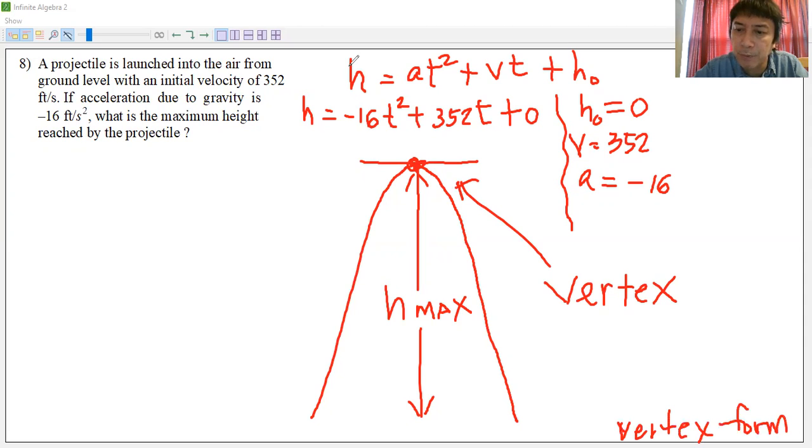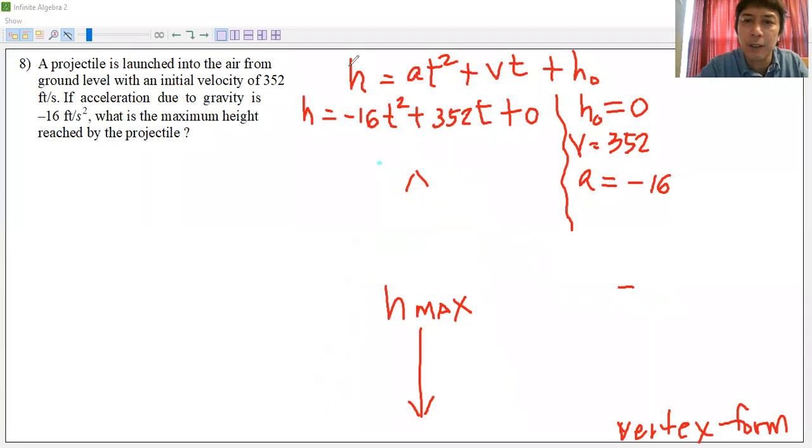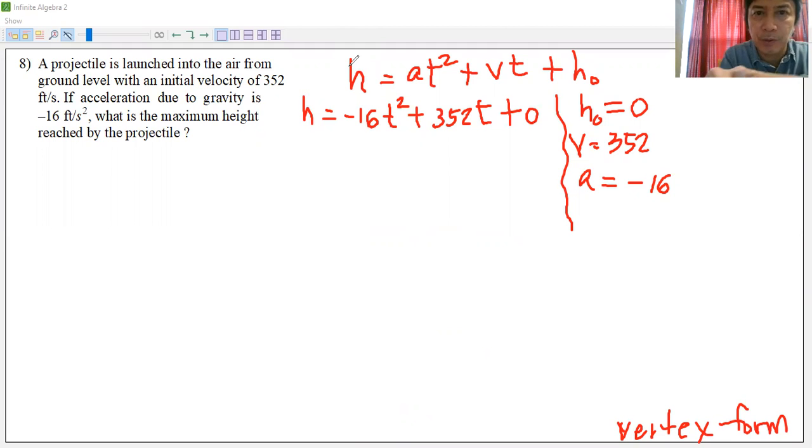Let's clear my drawing and let's determine the vertex form by completing the square. So we will be doing the completing the square method. This equation is really like this.